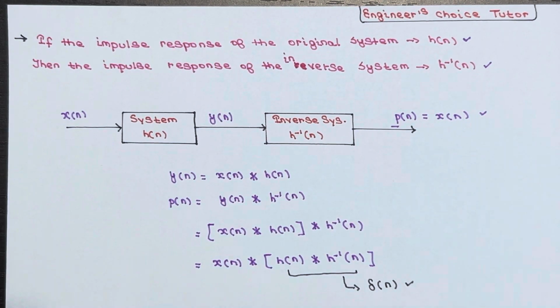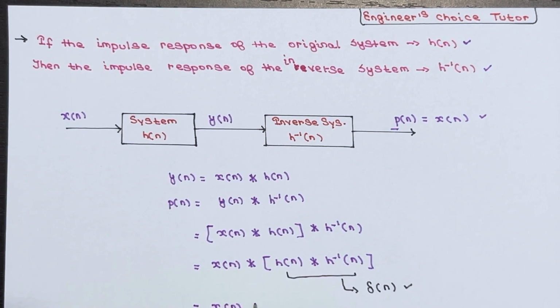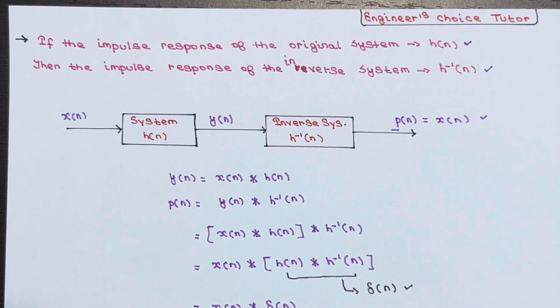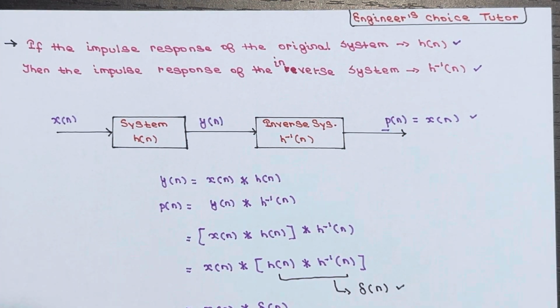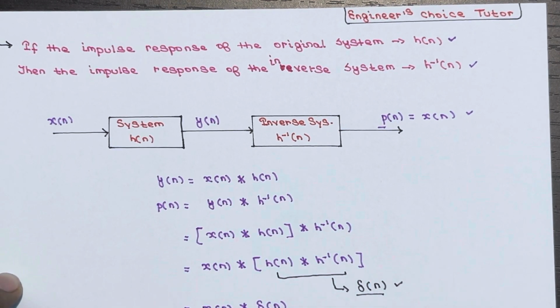So finally it becomes x of n convolution of x of n and delta of n... sorry, x of n convolution of delta of n. The convolution of x of n and delta of n is equal to x of n only. These things we will discuss in future. Don't worry about how it becomes x of n, or how it is equal to delta of n. We are going to deal with these things in future. Hope it is clear to you.